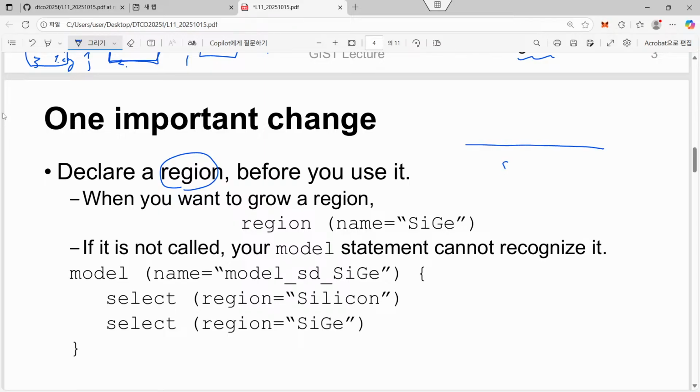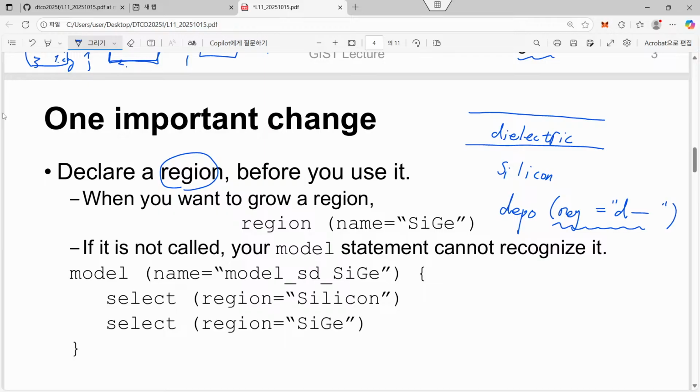Let's say that there was a silicon, and now assume that you wanted to introduce one called dielectric. Then the previous input file was just to say deposit with region equal to dielectric. Then automatically this region name was recognized, and you had a new region.